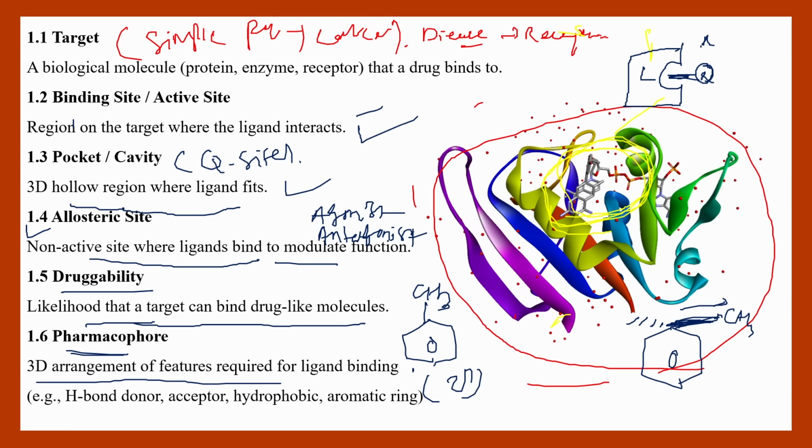To be a pharmacophore, the ligand molecule must have 3D arrangement features like hydrogen bond donor groups and acceptor groups. It may be hydrophobic or hydrophilic, and have aromatic rings. These are the things required to be a pharmacophore.